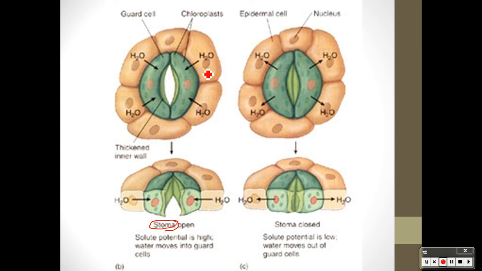When the stomata are full of water, or turgid, they pop open. When they are not full of water, or they are flaccid, they shut. So if I want more CO2 in my leaf, I pump water into the guard cells, and they pop open. The guard cells pop open, and the stomata opens.